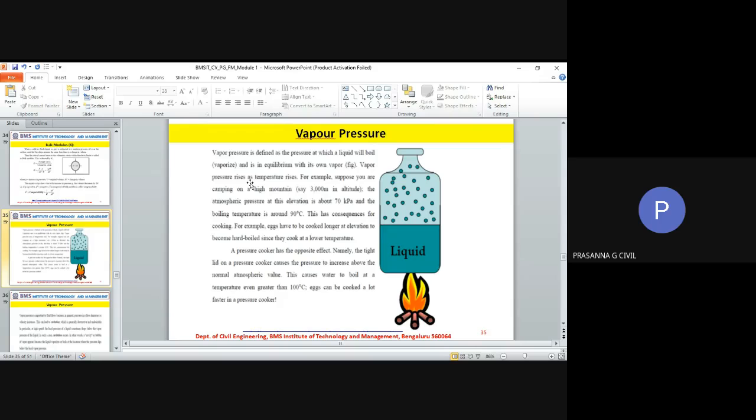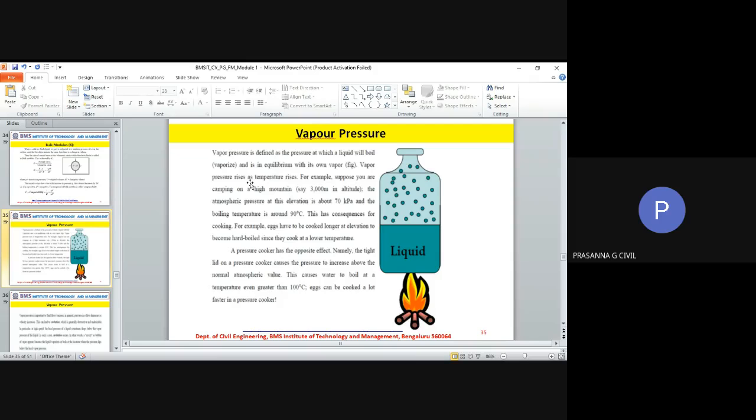That means not at 100 degrees Celsius, at a lower temperature it may start to boil. So if the pressure is reduced to such an extent that it becomes equal to or less than the vapor pressure, the boiling of the liquid will start, though the temperature of the liquid is 20 degrees itself.